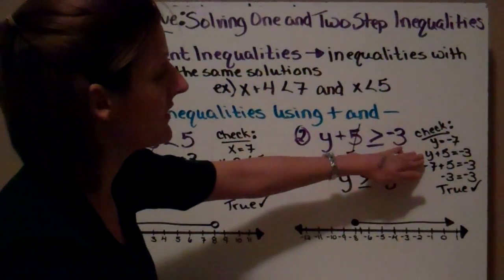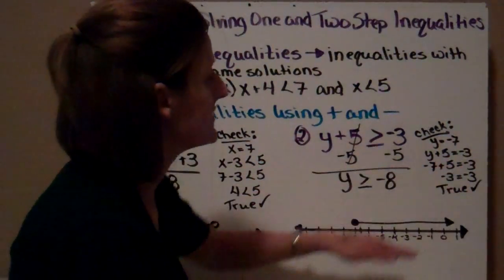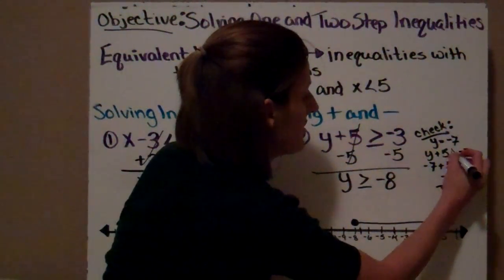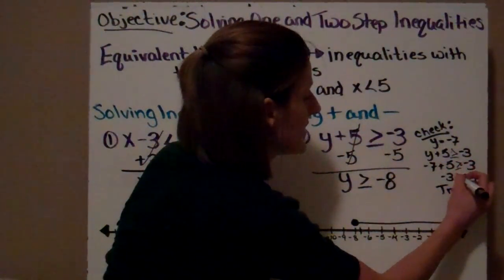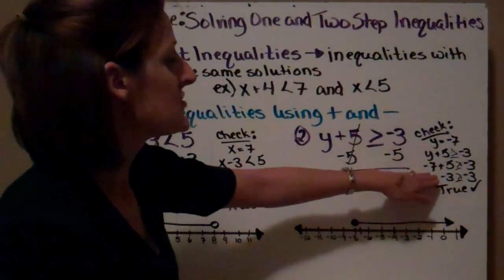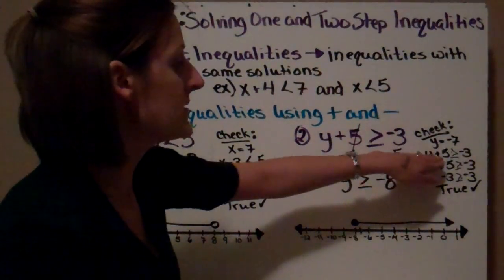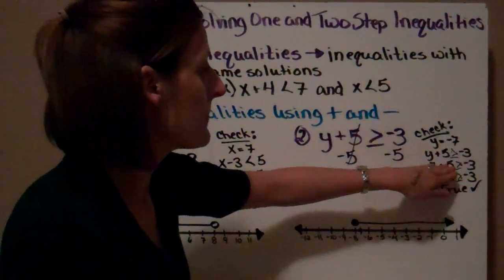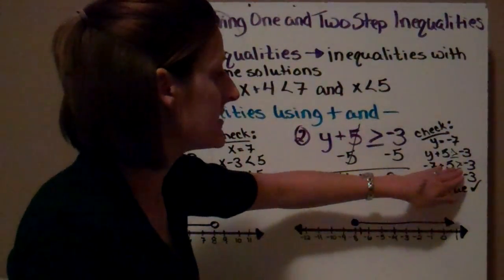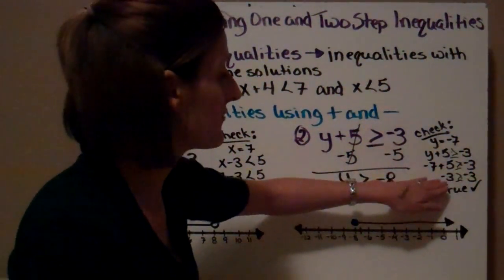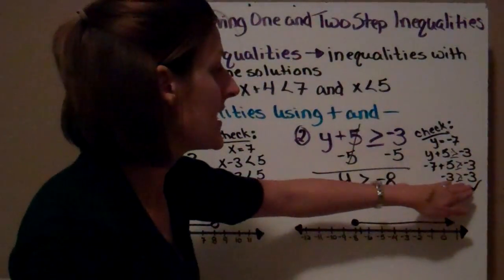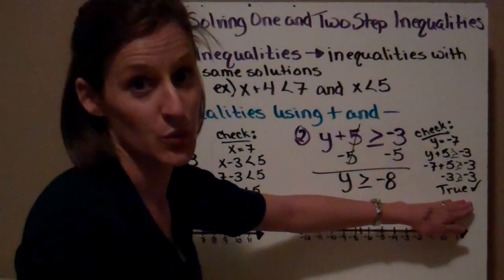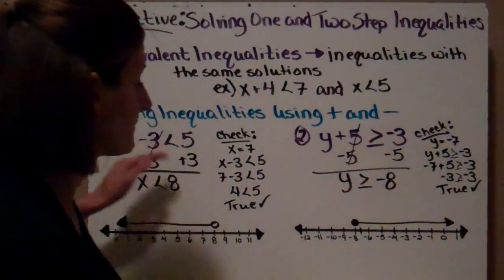Use my inequality of y plus 5 is greater than or equal to negative 3. Negative 7 plus 5, is it greater than or equal to negative 3? And since negative 3 is greater than or equal to negative 3, my answer is true because it's equal to.